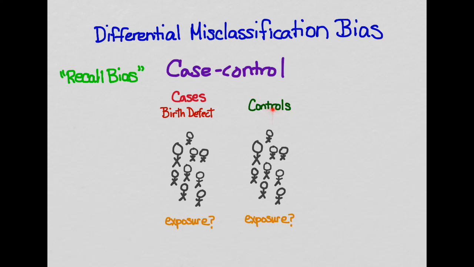So in this case, we have a differential memory for the exposure in the cases relative to the controls. So we may be more likely in this case to misclassify the exposure in the controls than we are to misclassify the exposure in the cases, because there's a recall bias in the cases where they're more likely to remember exposures. So that's an example of a differential misclassification bias because it occurs more in one group than the other.